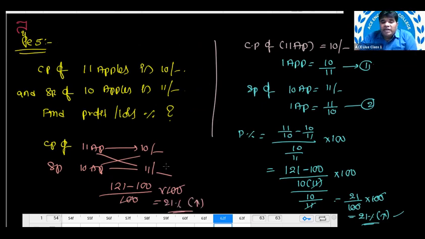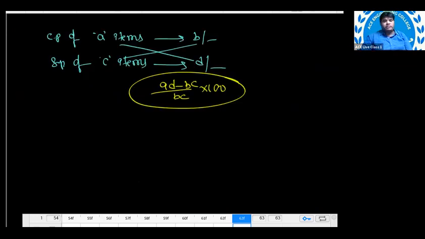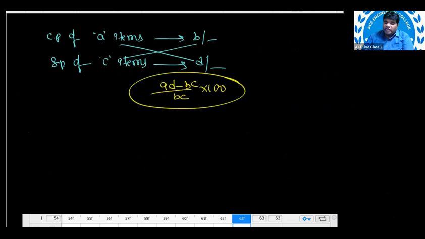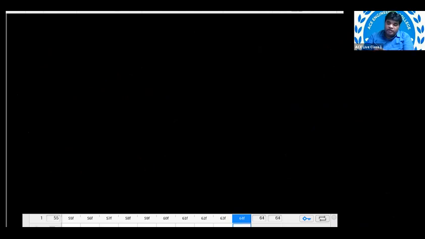AD minus BC upon BC into 100. Got it? This is the procedure, and the original procedure is also the shortcut. Follow the same method and tell me the answer.